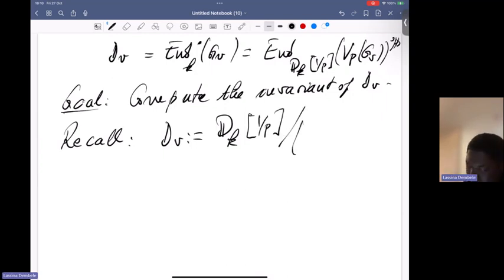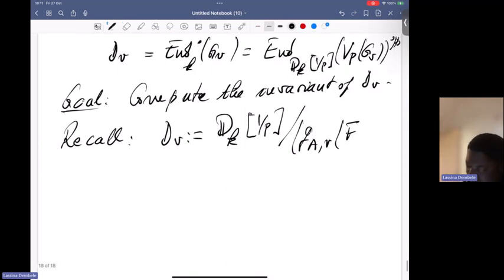Okay, so I'm just rewriting the decomposition from the previous section that we did. Right? And so we want to compute this local invariant, and the good thing is that we know what this is.